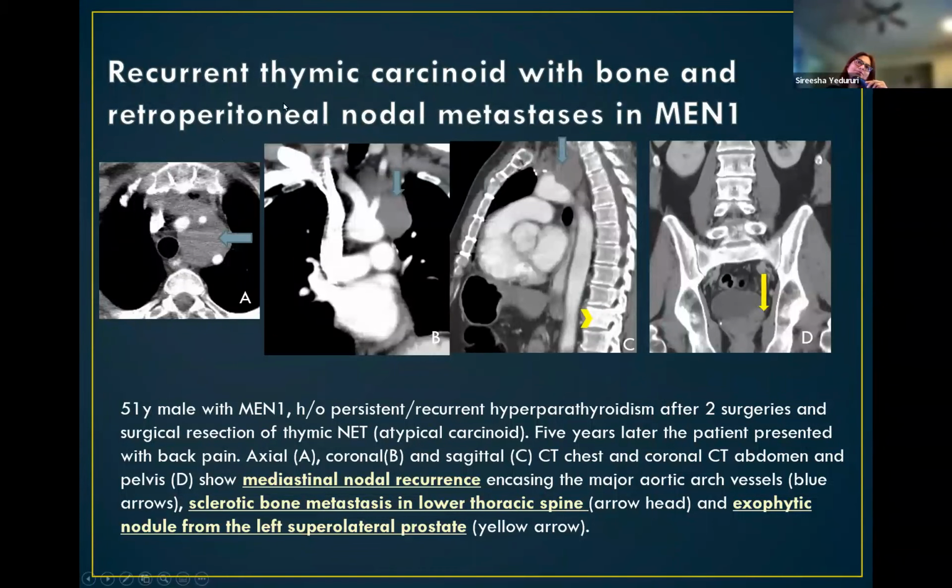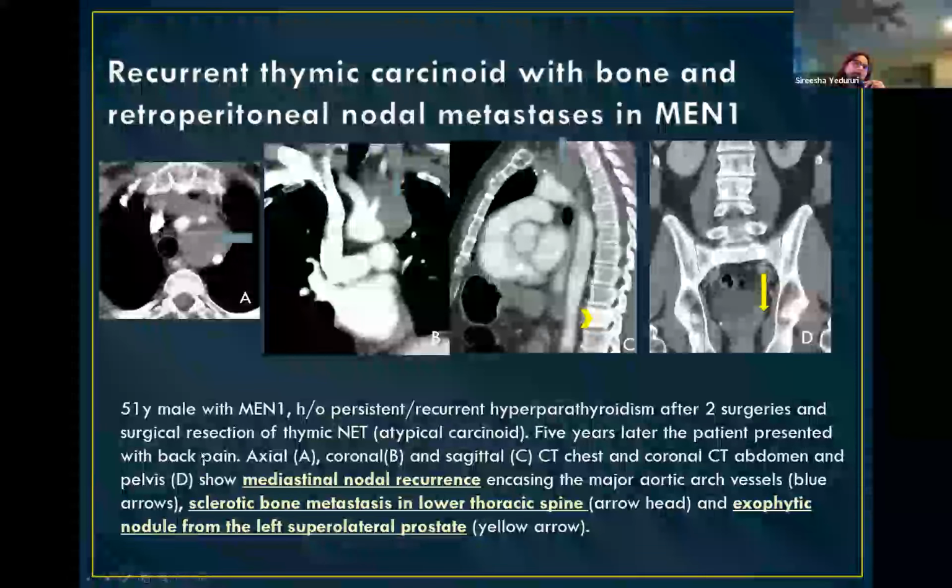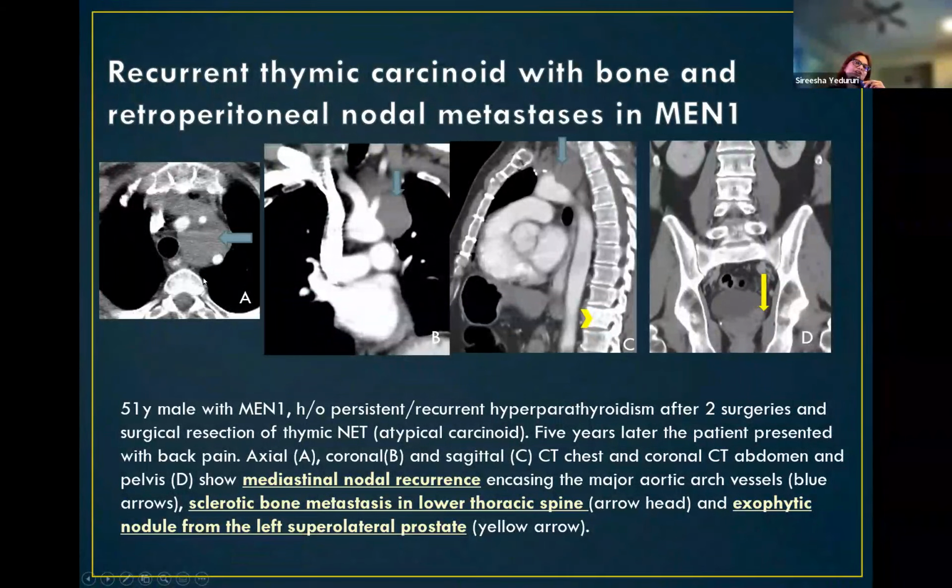This is a patient who had recurrent thymic carcinoid, and then presented with bone metastasis and retroperitoneal nodal metastasis. A 51-year-old, he had persistent or recurrent hyperparathyroidism after 2 surgeries, and then presented with back pain. Imaging showed mediastinal nodal disease, which is encasing the arch vessels, and bone metastasis.